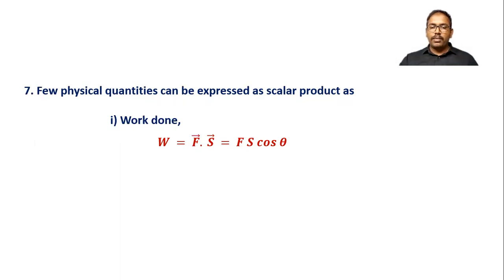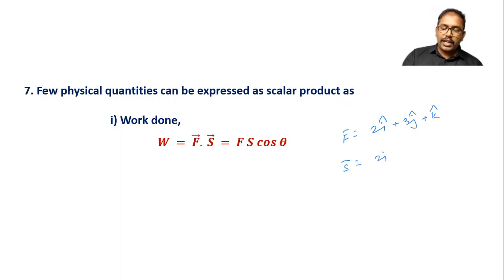So we get this formula for work done. Now by using this formula, a question may be asked: find out the work done. They will give you in the question F bar is 2i cap plus 3j cap plus k cap, and S bar is 2i cap plus 3j cap plus 2k cap, for example. You know how to find F bar dot S bar.